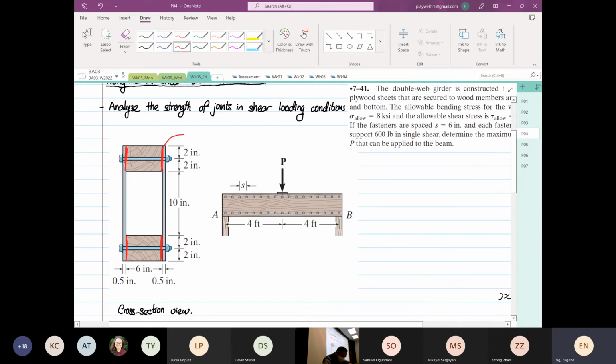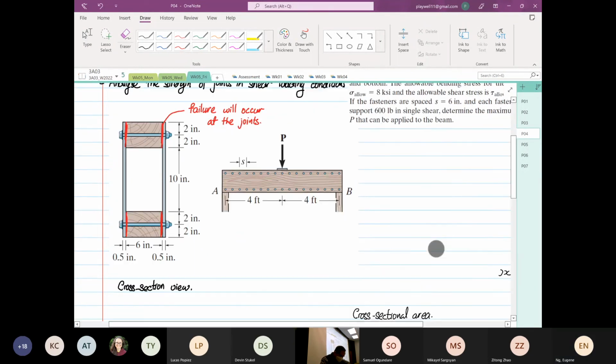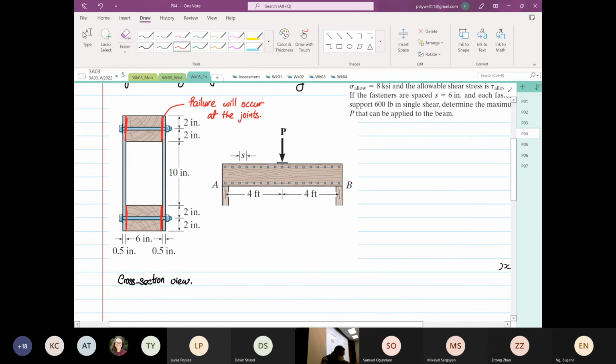So failure will occur at the joint. So we are going to calculate the shearing stress acting on the joint.